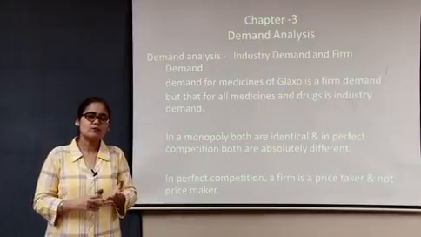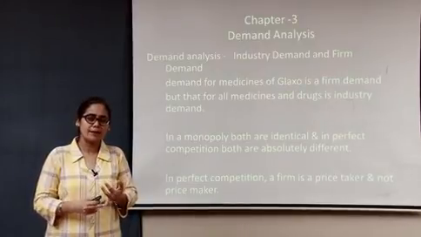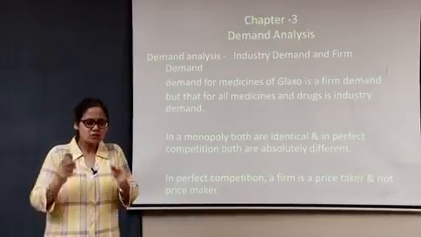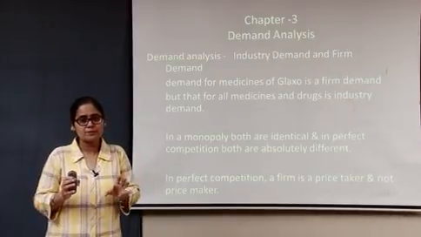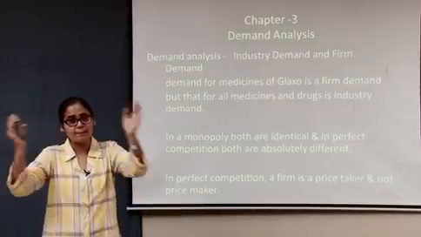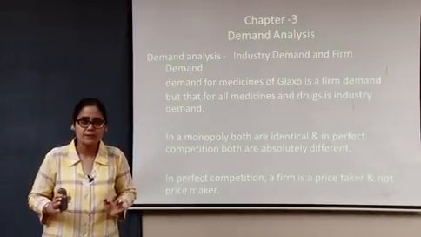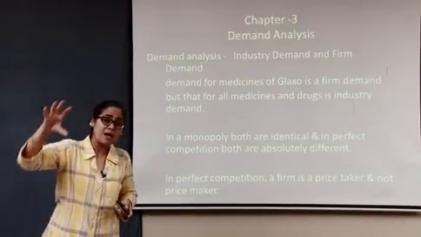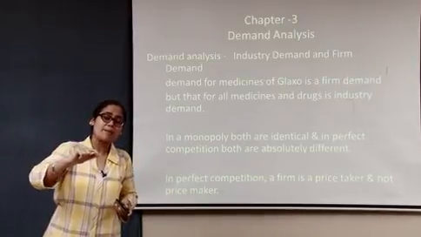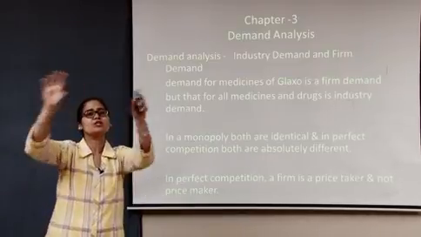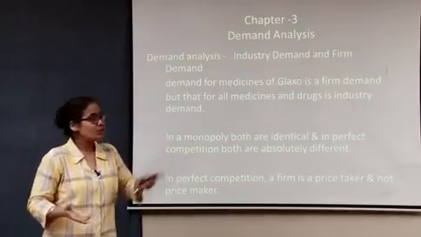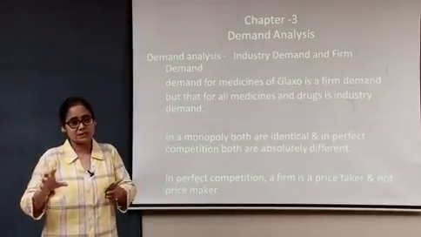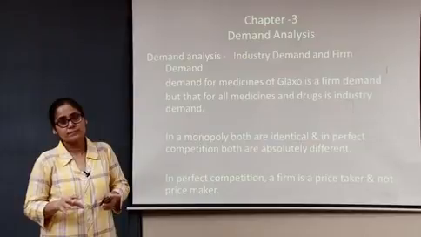Yes. So you have Dr. Reddy's, you have Ranbaxy, yes, you have Glaxo company, you have Pfizer. So you have names of many companies. So they together cluster come under pharma industry. So whenever government makes any policy with respect to pharma industry, it means it is applicable to all the firms which constitute that industry. So understanding this is important, especially when you talk about policy, government policy making.